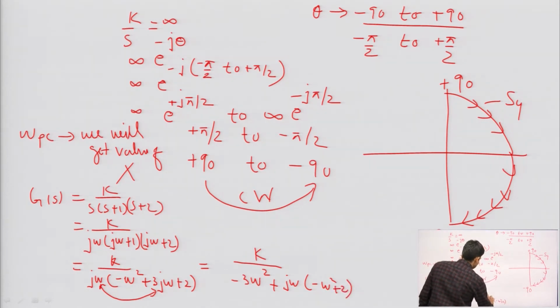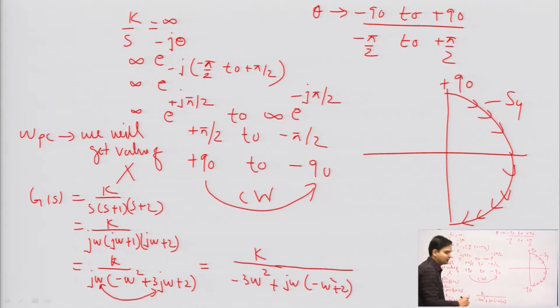Here there is no complex term present in the numerator, so I can directly separate out the real and imaginary terms from the denominator. If any complex term were present in the numerator, then I would have to take the complex conjugate and then separate out real and imaginary values. But here real and imaginary parts are present only in the denominator.